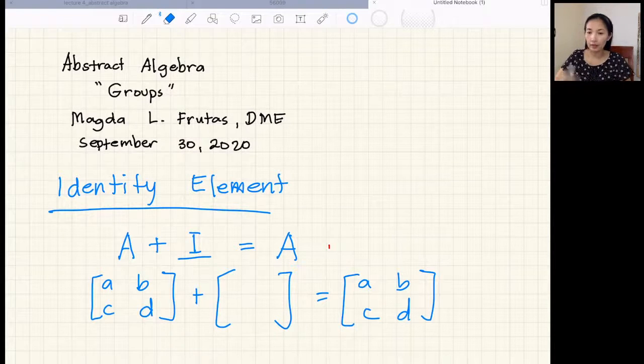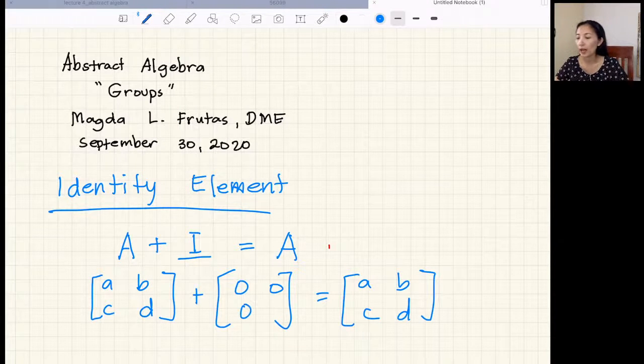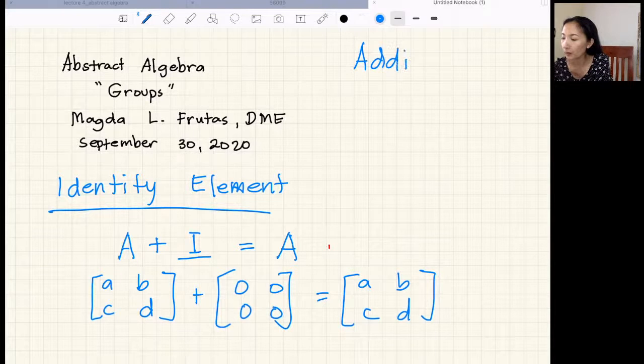You're right. All entries, a zero matrix. So, 0, 0, 0, 0. A plus 0 is A, B plus 0 is B, C plus 0 is C, and D plus 0 is D. So, for addition, the identity element I is the zero matrix.